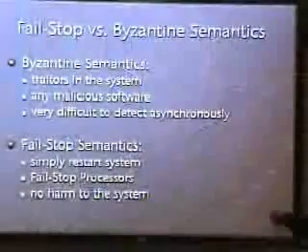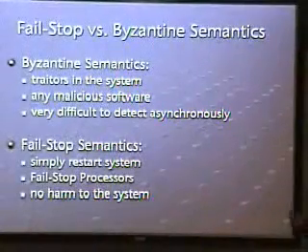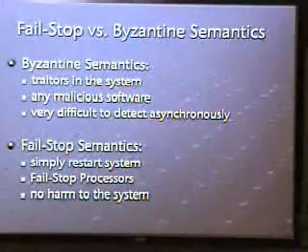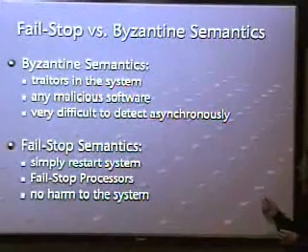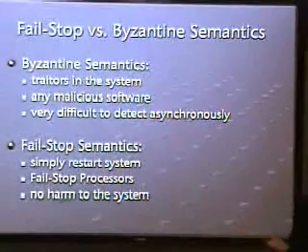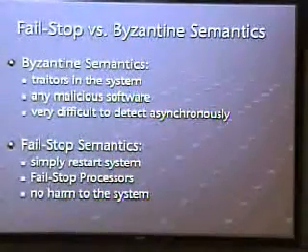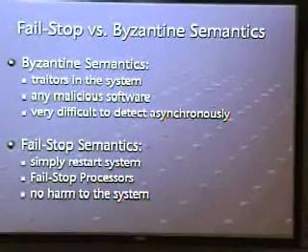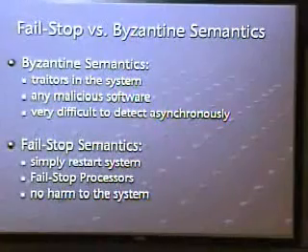So just to give a quick comparison of fail-stop versus Byzantine semantics. In Byzantine semantics, we have traitors in the system. Any kind of malicious software is possible, like viruses and worms. It's actually very difficult to detect asynchronously, because we simply don't know whether a node actually hangs or whether it's sending messages.